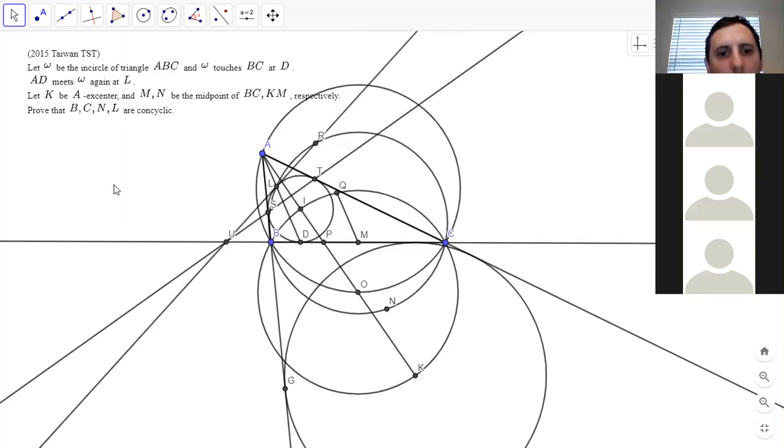And R, S, D, T is a harmonic quadrilateral. So UL is equal to UD, right? Yes. So LU times UR prime equals UM, and we have LDMR prime is an isosceles trapezoid.